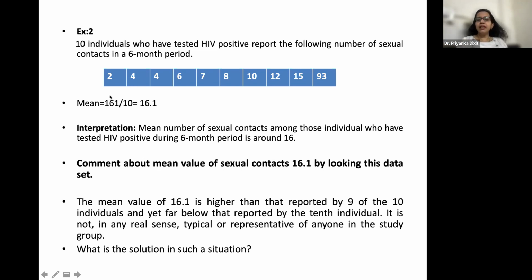How much would be my answer? If you could see, I have written 161 divided by 10. We got 16.1. Where will 16.1 lie? If you identify where it will lie, 16.1 will lie extremely right, or between 15 to 93.